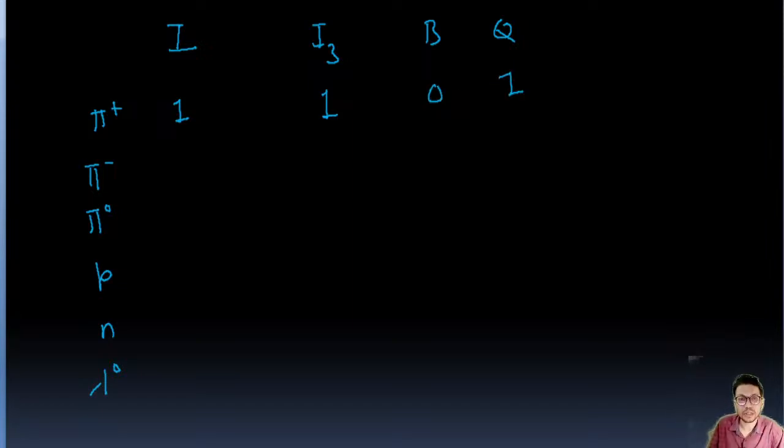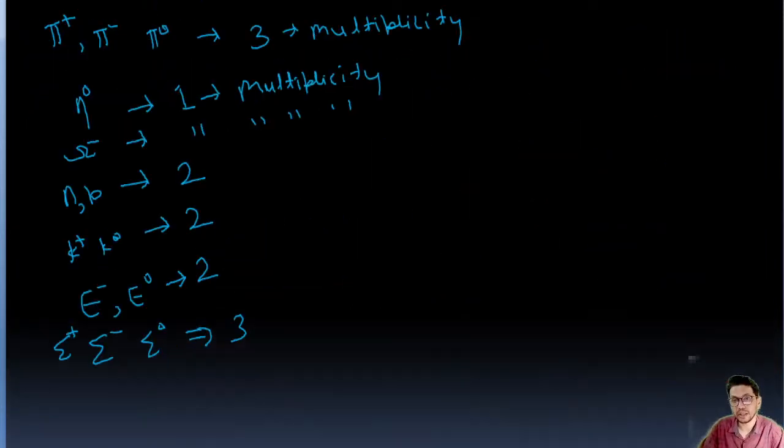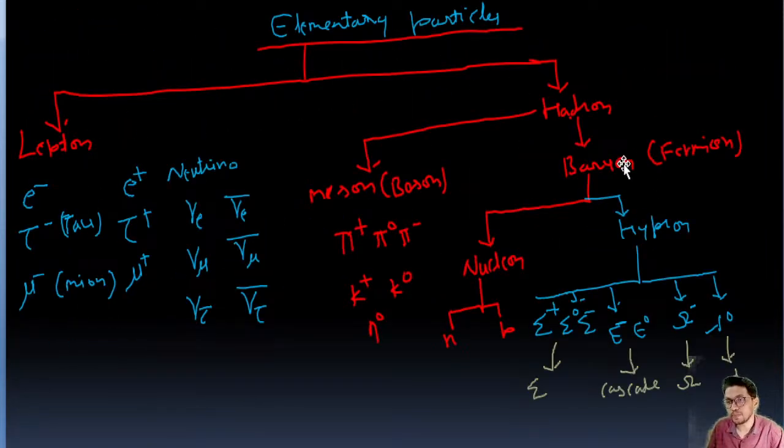How? That's why I'm saying this chart is very important. These are the baryons, guys. If you get any particle among these, then the baryon number is going to be 1. Any other elementary particle apart from these is not a baryon.